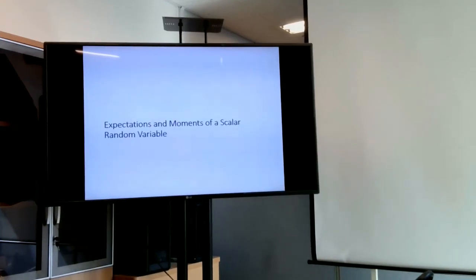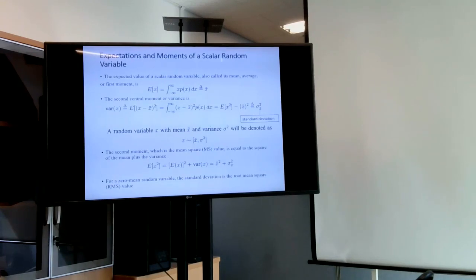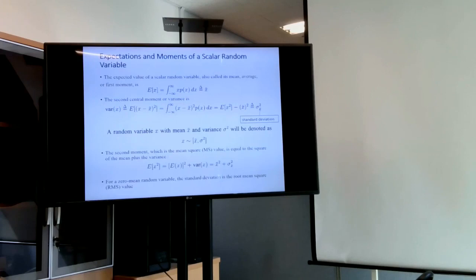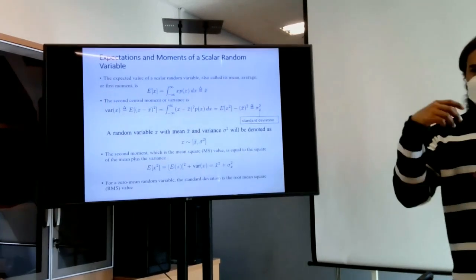Expectation and moments of a scalar random variable. So what is the mean? The mean, or it can be called the average value or the first moment of the sample space. For example, the die is rolled 3 times.